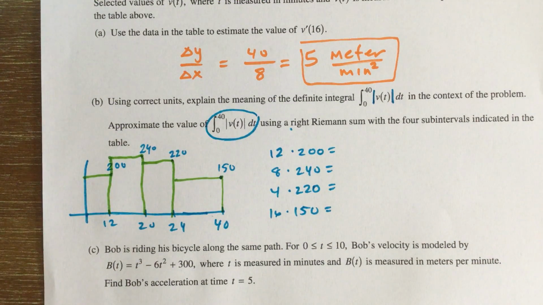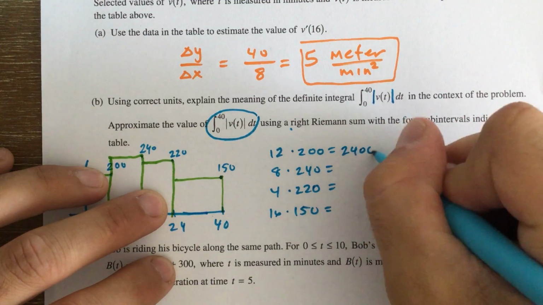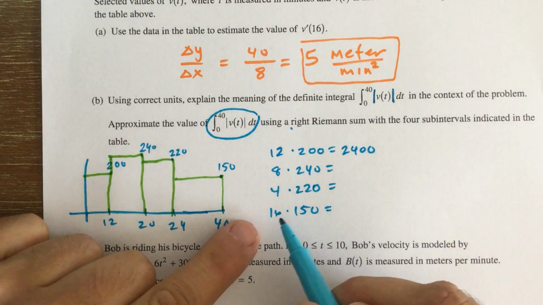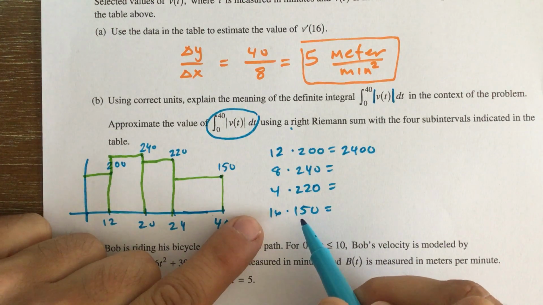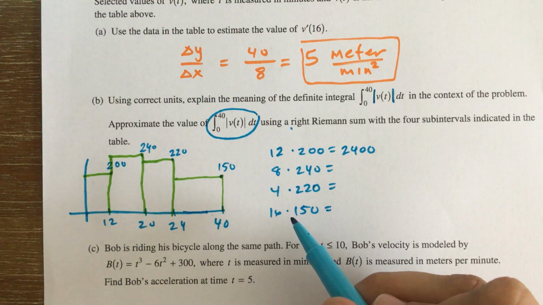What can we do to be clever to figure out what some of these are without having to multiply things? 2 times 12 is going to be 24 with 2 zeros, right? Which other one can I do pretty quickly? Well, 15 times 15 is 225, but then I have an extra 15.